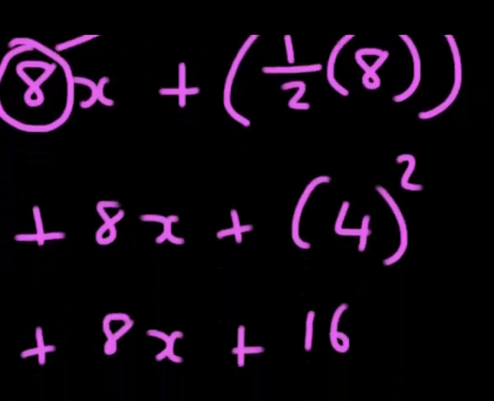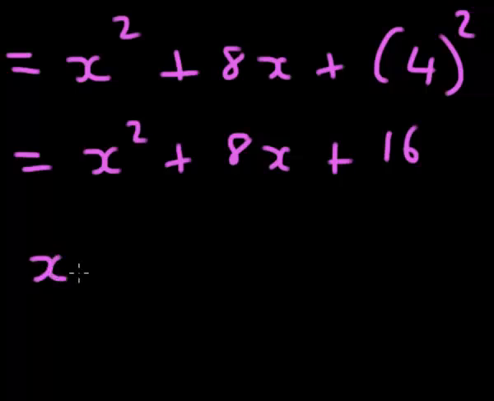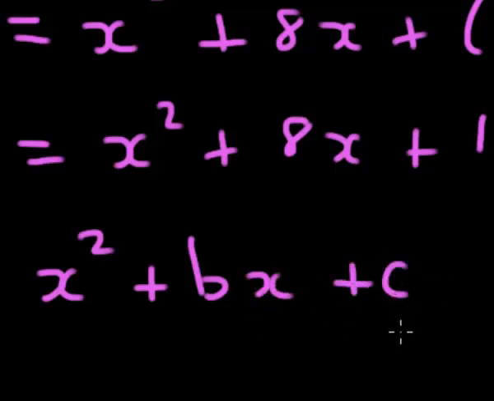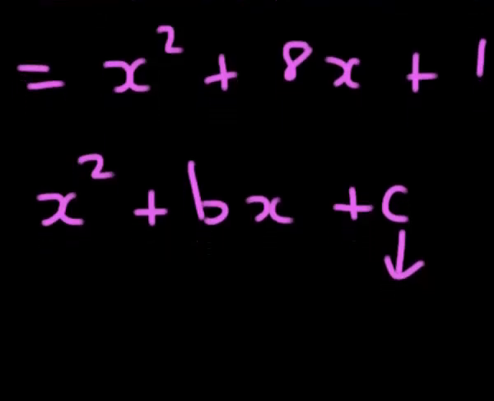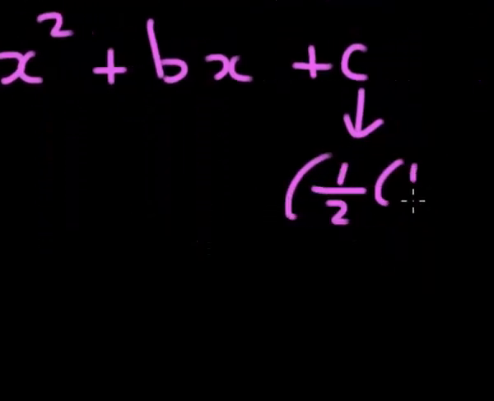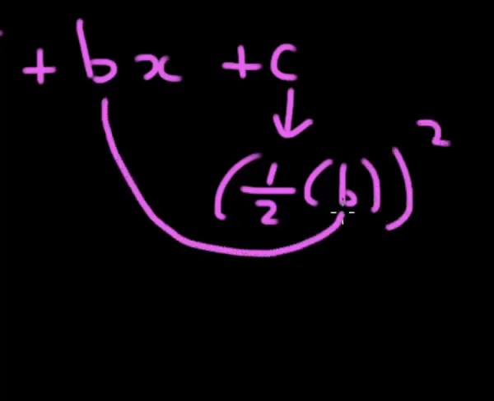And what it's saying in general is that when you've got a trinomial, whatever it is, it can be x squared plus bx plus whatever, c. The last term c is really this, and this is important, people. It's half the coefficient of x, all squared. That's where b goes in there.